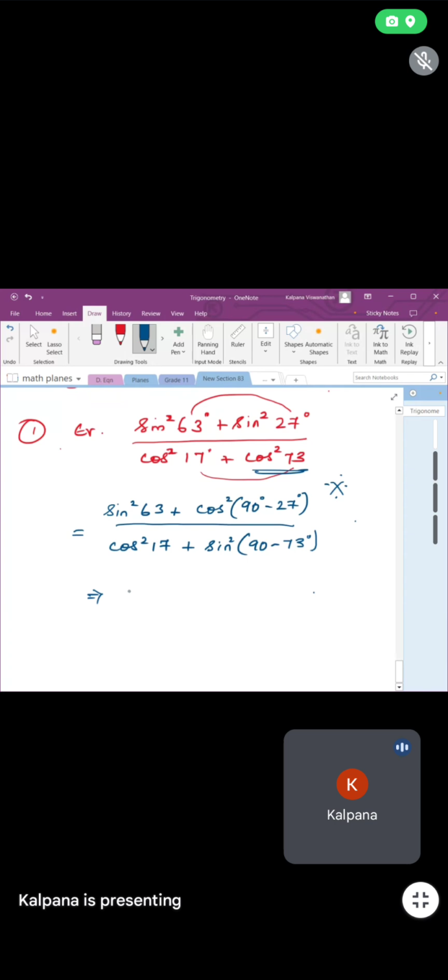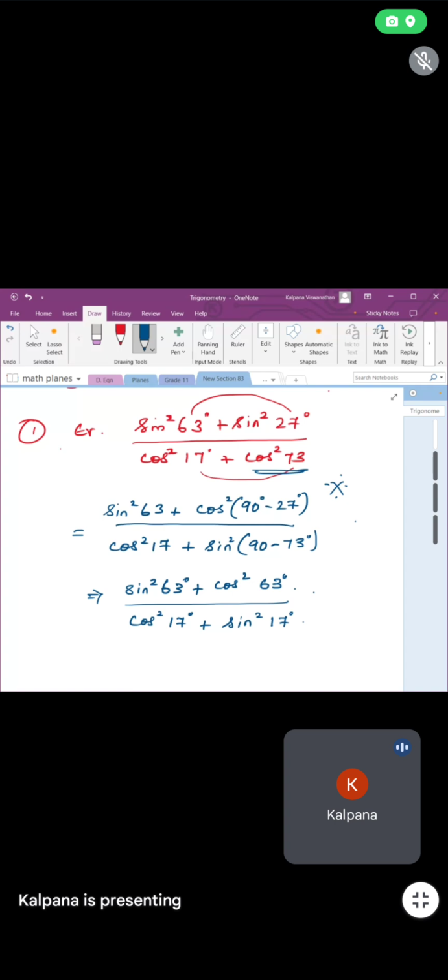You can write sine square 63 plus cos square of 90 minus 27. 90 minus 27 is how much? 63. Divided by cos square 17 plus sine square of 90 minus 73. How much are you getting? 17.